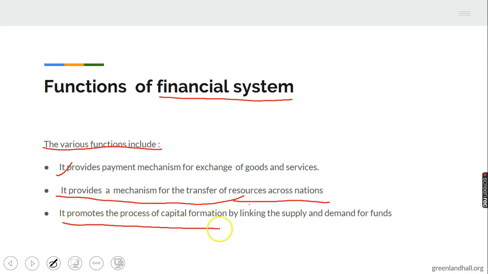3. It promotes the process of capital formation by linking the supply and demand for funds. As a result of a financial system, it is possible to link the supply and demand for funds after capital has been formed.